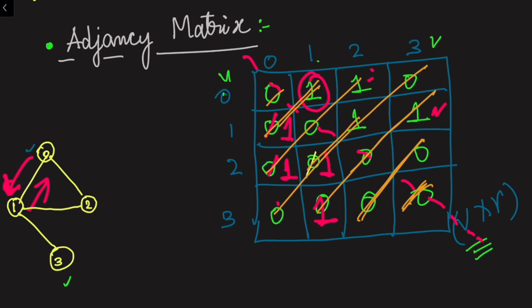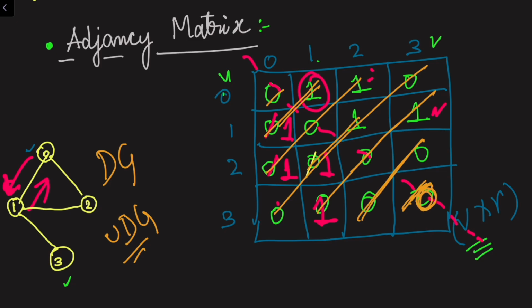This is one of the properties of the adjacency matrix of an undirected graph. An undirected graph we call UDG, and a directed graph we call DG. So this is one way, but the problem with this is whether you have a connection or not.